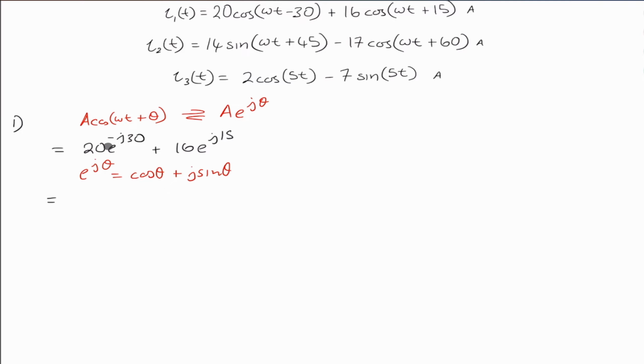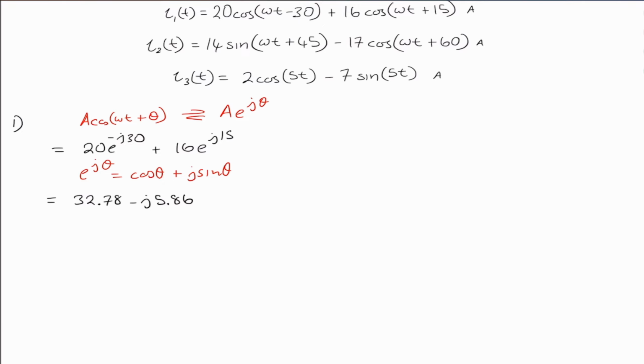So we add 20 times cosine of 30 to 16 cosine of 15, and that will give us 32.78. We know we're going to have two sines, so if we factor out a j and we add minus 20 times sine of 30 plus 16 sine of 15, we then end up with negative j 5.86.